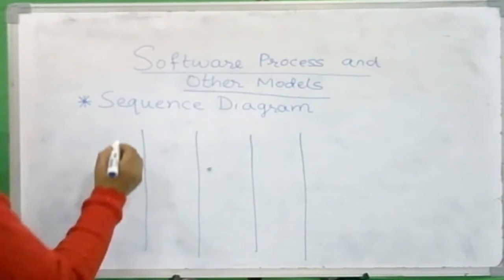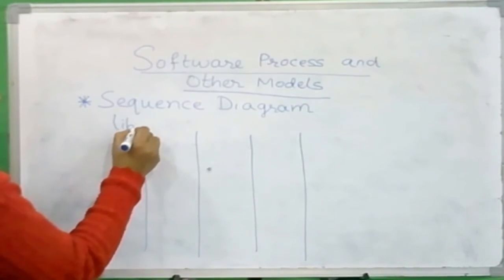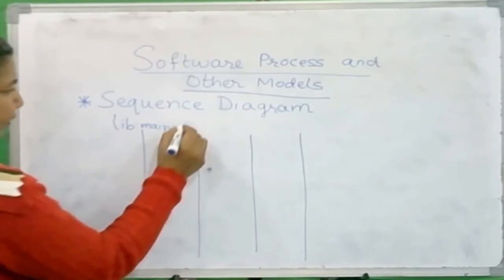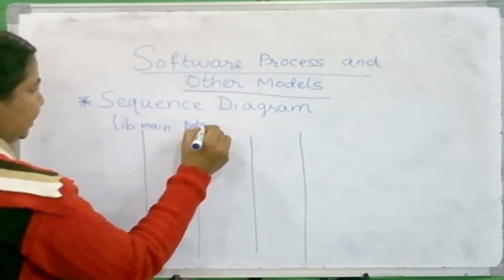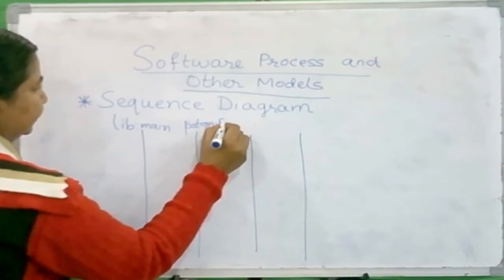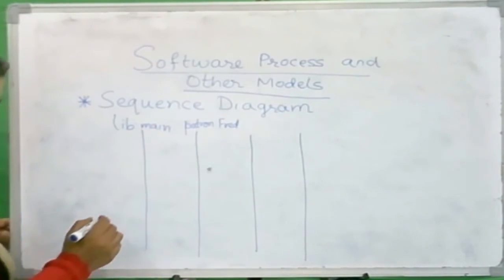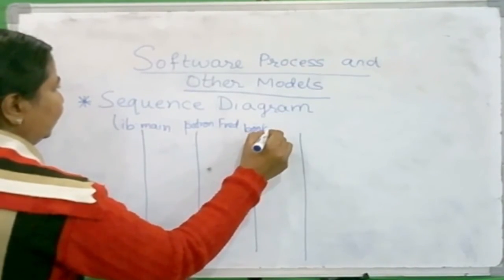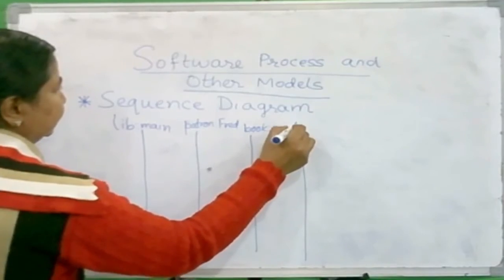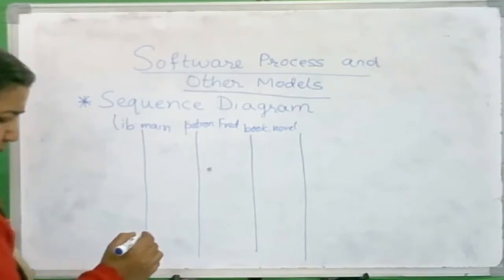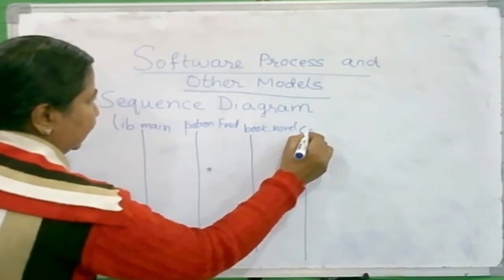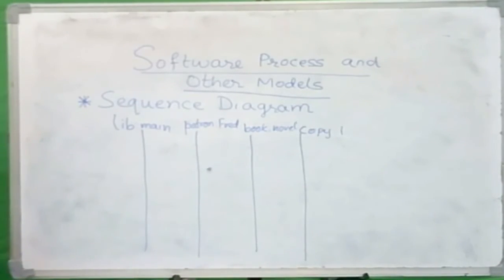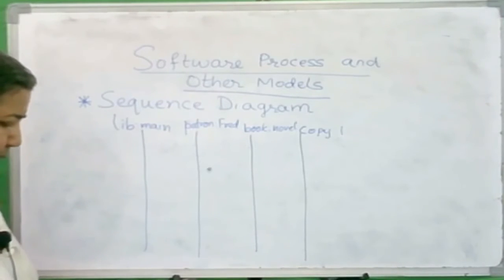For example, if in the library problem we will have main, patron instance is Fred, book instance is novel, copy instance is one. So vertical lines are present in the figure.